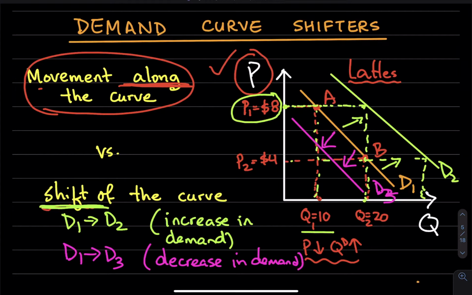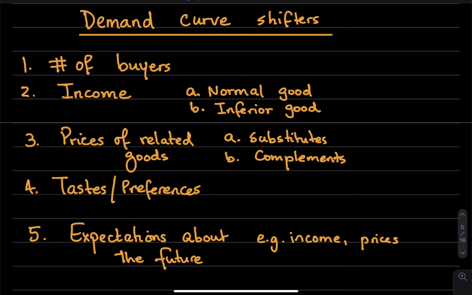Okay, so now let's talk about when the demand curve would shift to the left or the right, or when the demand would increase or decrease. Here are all of the demand curve shifters that we will be discussing in this video. The first one being the number of buyers. We'll talk about what happens if the number of buyers in the market increase and what happens when they decrease.